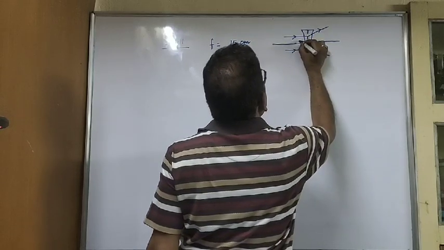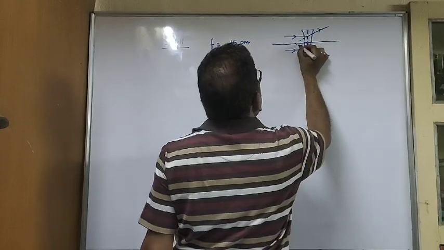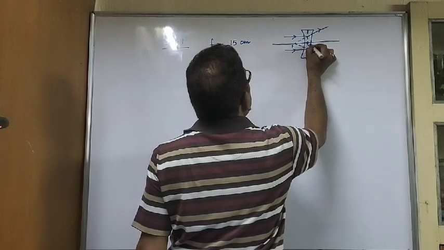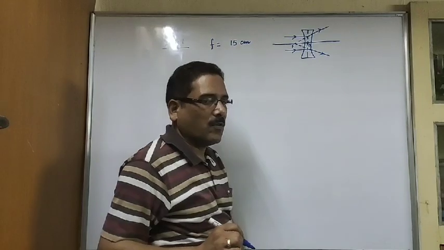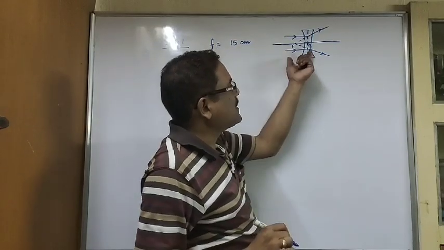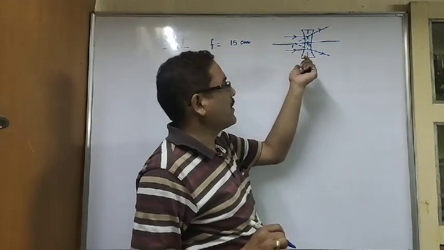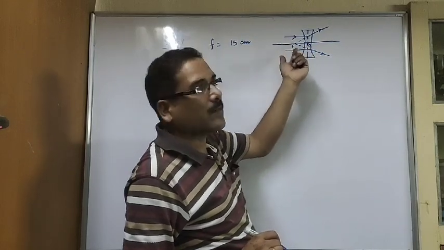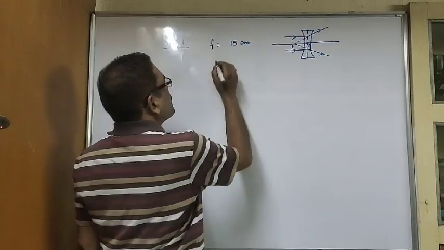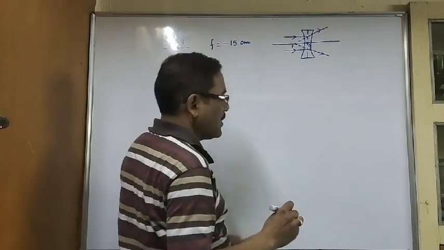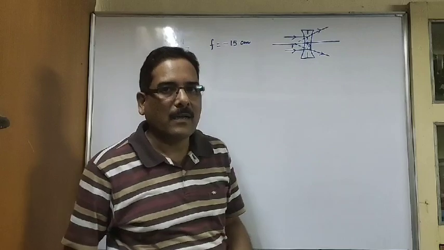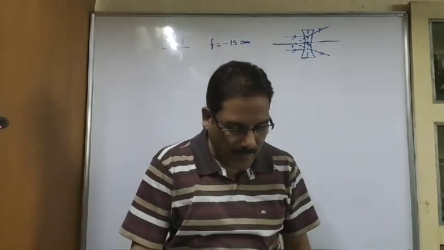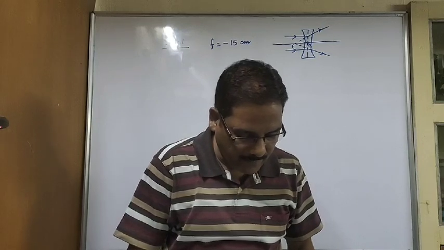But when they are produced backward, they meet at a point, and that point is the principal focus, and focal length is the distance between optical center and principal focus. But here this distance is towards the left of the optical center. So distances which are towards the left of the optical center are taken as negative. So focal length is minus 15 centimeter.